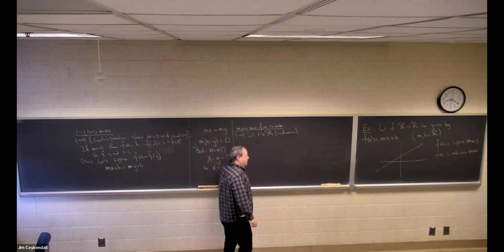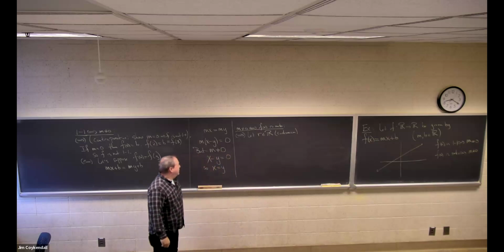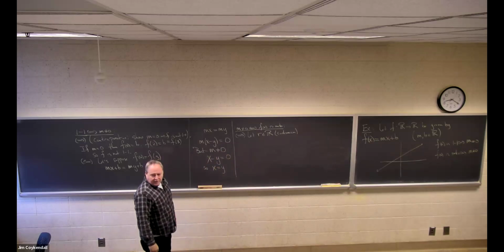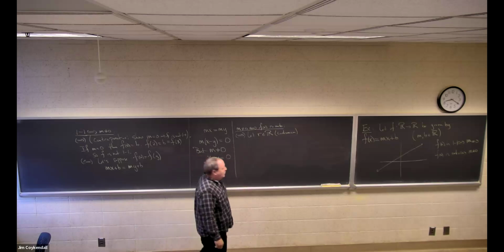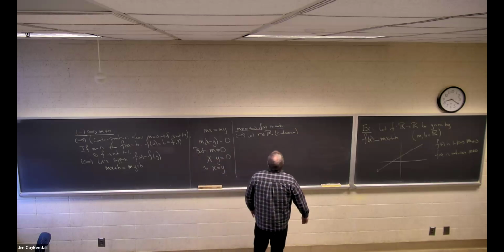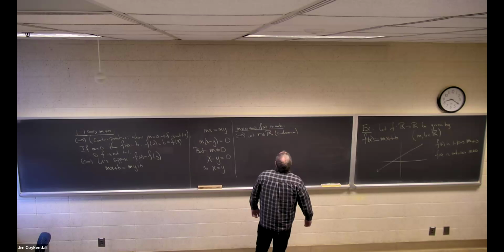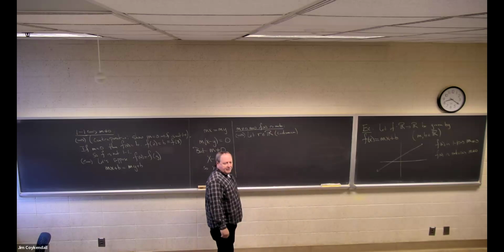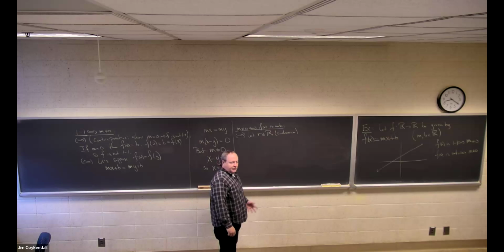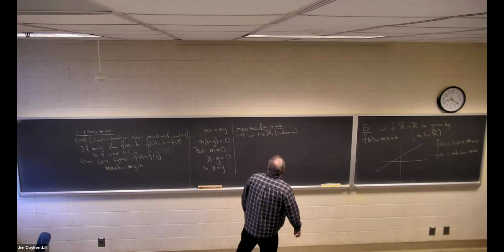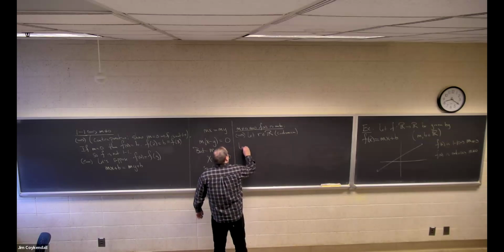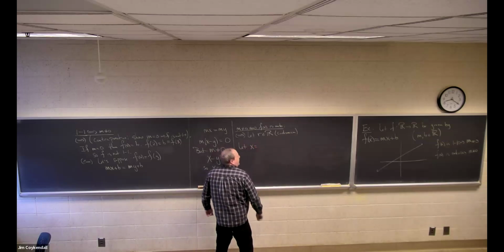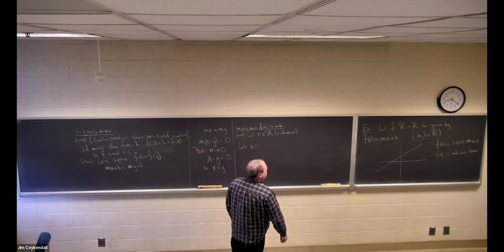This function, the domain and the codomain are the same. Let r be anything you want. So what we have to do, and this should be part of your scratch work, is let x equal (r minus b) over m.